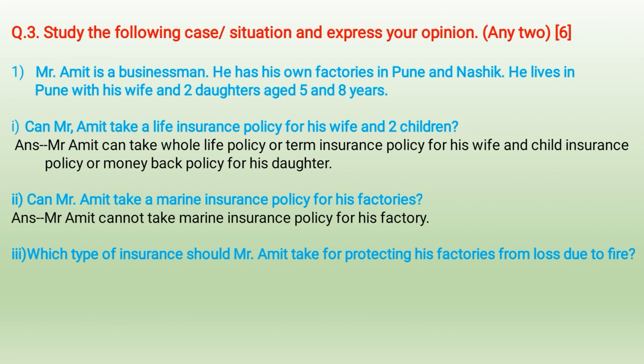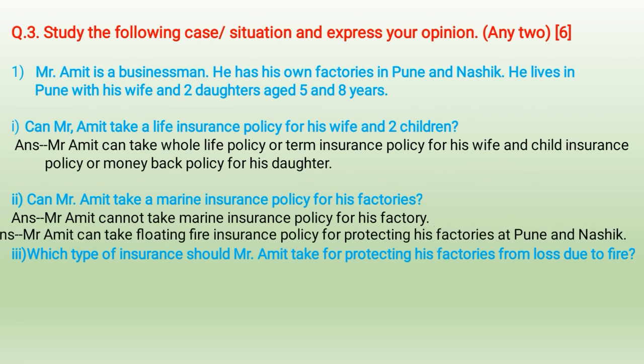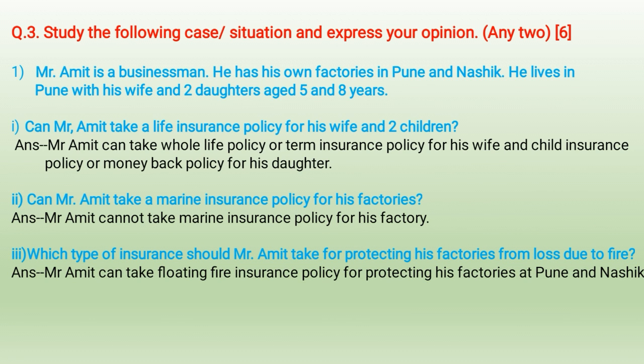Okay, if he wants to protect his goods from fire, which insurance policy should he take? The answer is, Mr. Amit can take floating fire insurance policy for protecting his factories at Pune and Nasik. So, in 3 sentences you can give your answer.